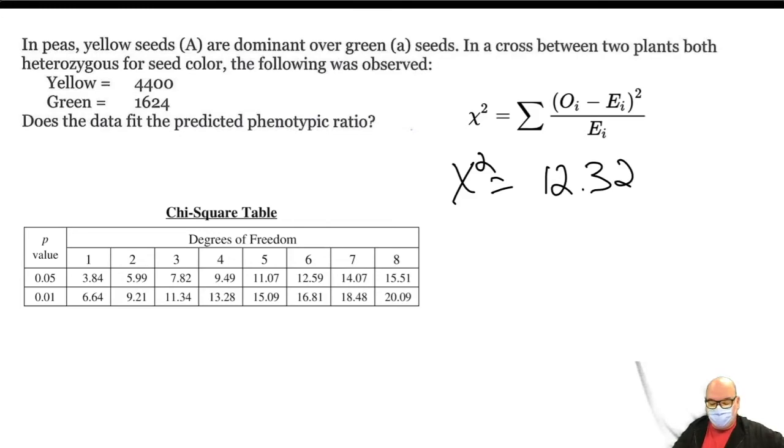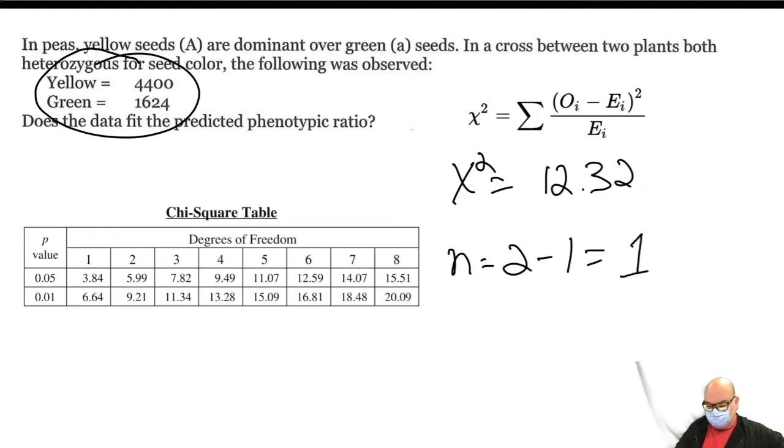There were two categories of data, so n equals 2. To calculate the degrees of freedom, you just subtract 1 and you get 1 degree of freedom. Where's that number important? You're going to take that number and match it over to here on the chart.